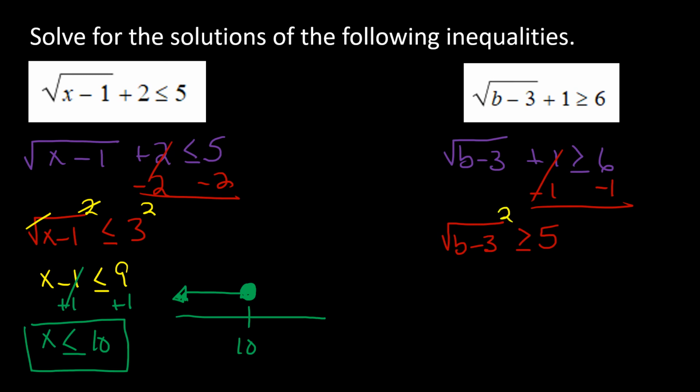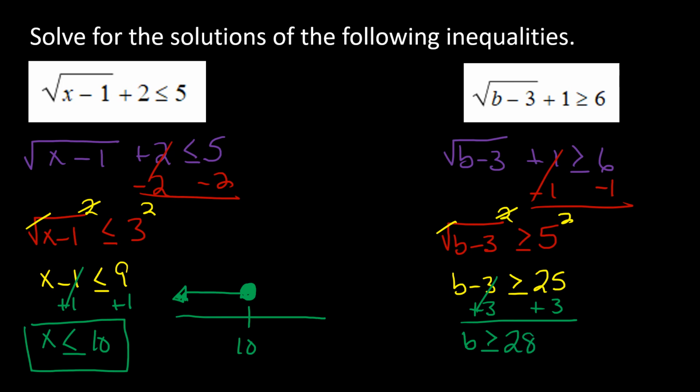We'll square both sides. Square and square root simplify out. We get b minus 3 is greater than or equal to 5 squared, which is 25. We'll add 3 to both sides. We get b is greater than or equal to 28. Okay, and there's your answer.